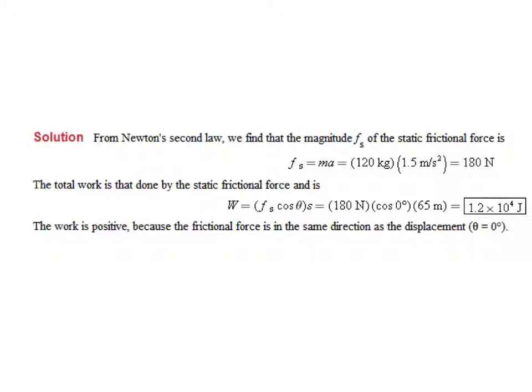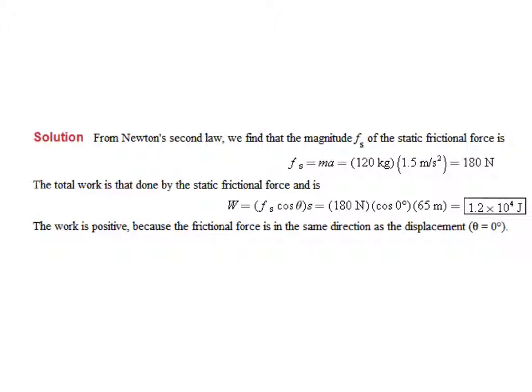So now we're going to take a look at the work done by friction. The frictional force is equal to mass times acceleration. So if the crate has a mass of 120 kilograms and an acceleration of 1.5 meters per second squared, then the force applied to the crate is 180 newtons.